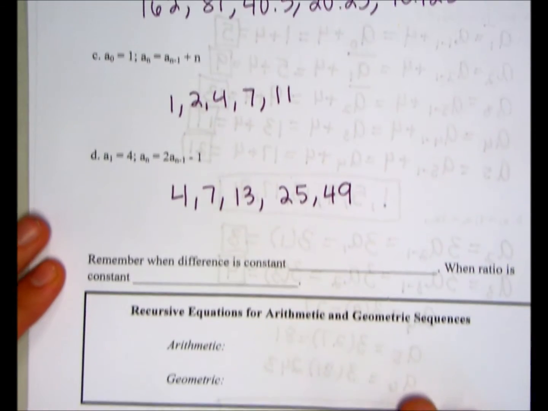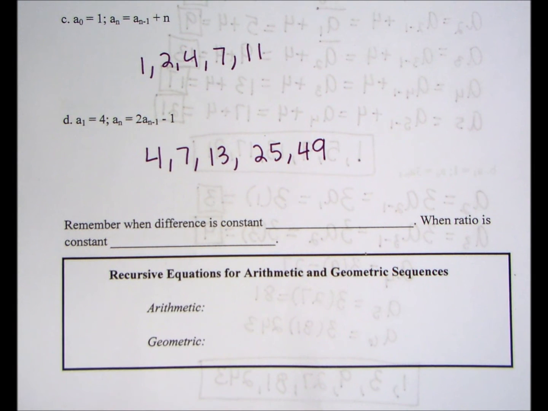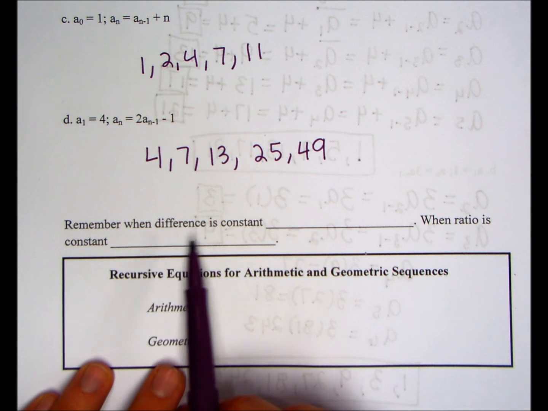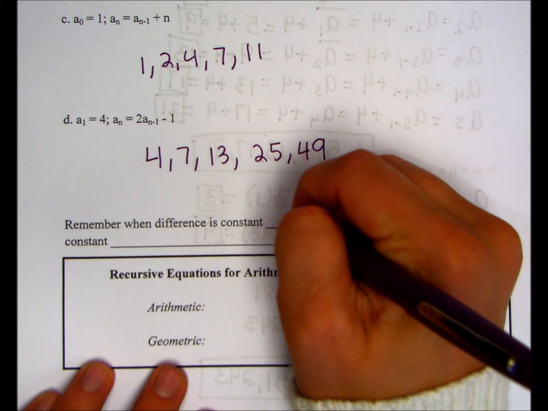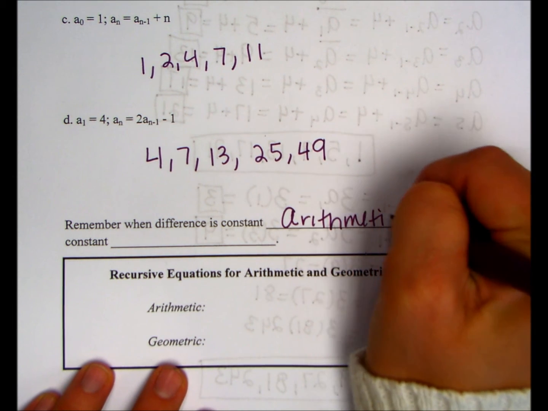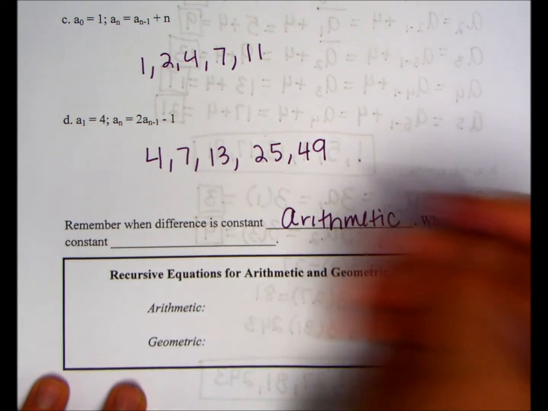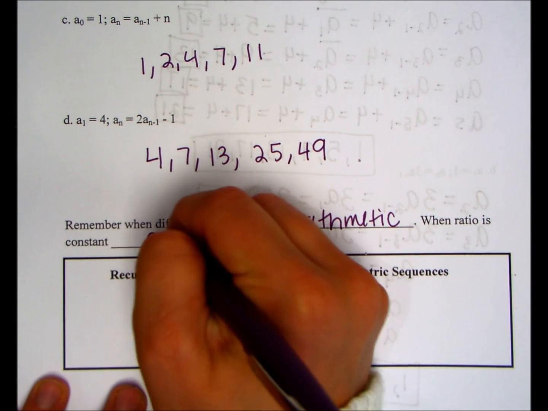All right, so there are actually recursive equations for arithmetic and geometric sequences, which makes this a lot easier than having to write it out. We can just plug it into an equation. We need to remember when the difference is constant, that's when I have my arithmetic. And when the ratio is constant, that's when I have my geometric.